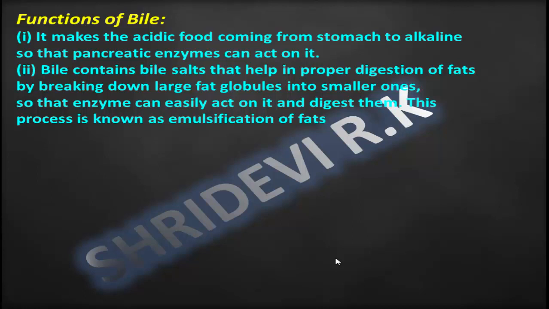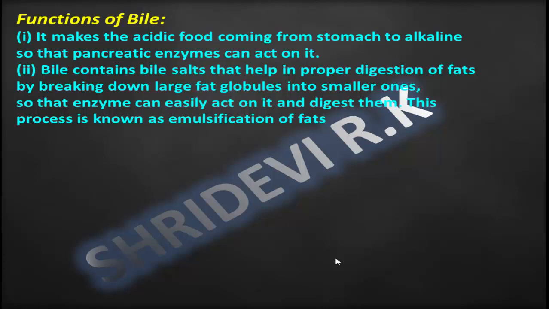But when food is transported from the stomach into the small intestine, the pH is completely different. Intestinal pH is basic, whereas pH of the stomach is acidic. This bile juice makes the environment of the intestine basic, especially for the food which is transported from stomach, so that pancreatic enzymes can act on it.